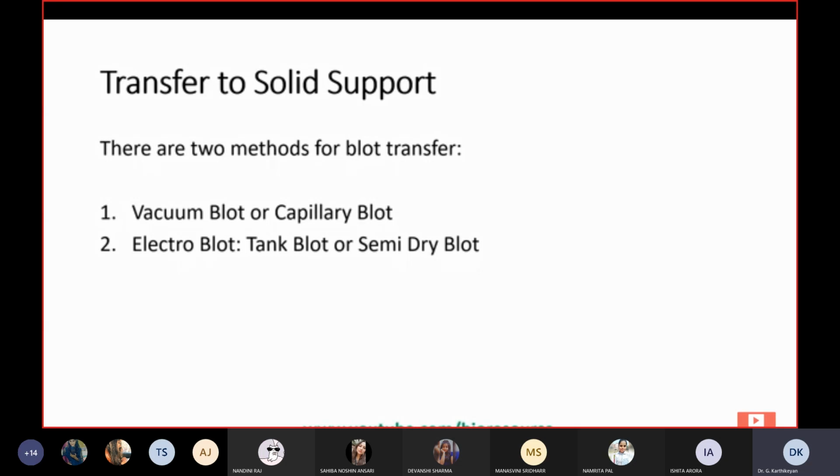So this method is called the capillary blot, and the other method is called the vacuum blot.